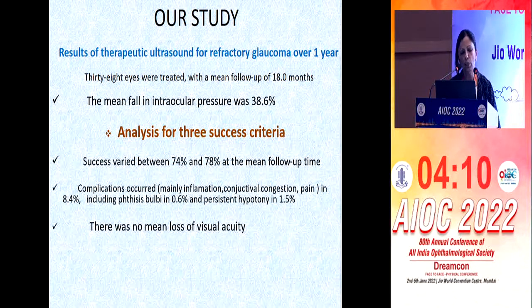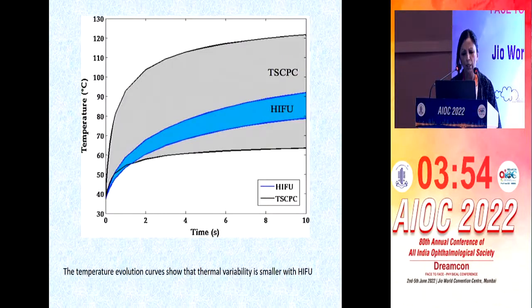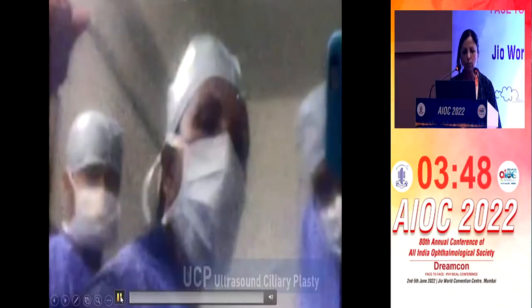Complications occurred in 8.4%, including phthisis in 0.6% and persistent hypotony in 1.5%. There was no mean loss of visual acuity, and the therapeutic ultrasound appears to be safe and effective for the treatment of refractory glaucomas. And I'm going to show you a small video of how the procedure is done.